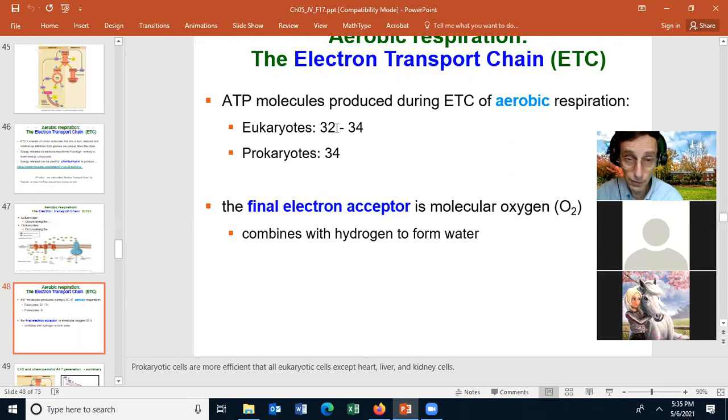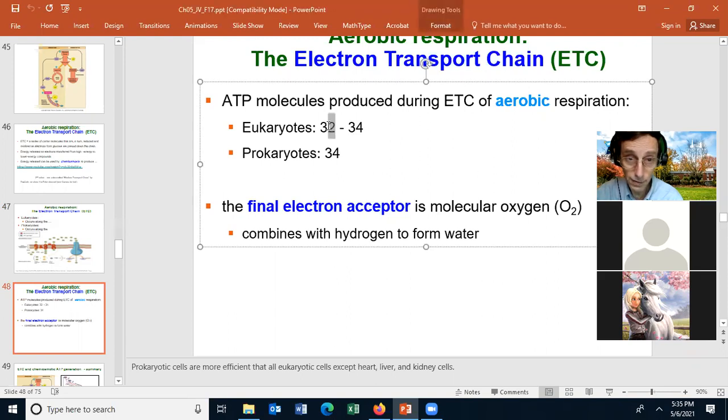Most cells in your body produce 32 ATP per molecule of glucose in the electron transport chain. But there are 3 cells in your body which are more efficient, and they produce 34 ATP per molecule of glucose. And these 3 cells are cells in the heart, the liver, and the kidney.